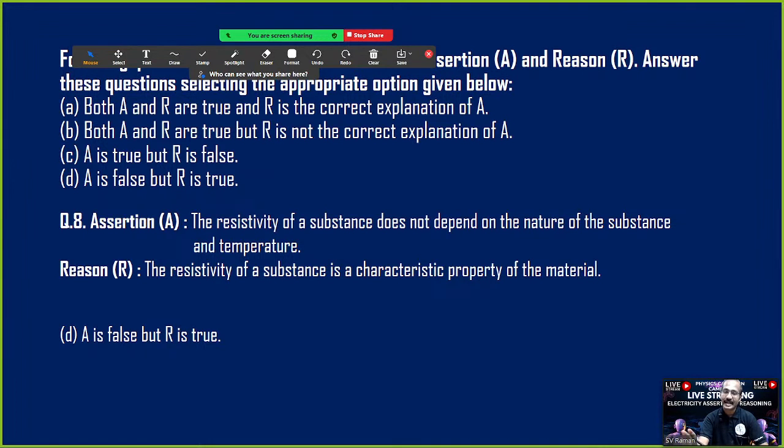Resistance depends on the length of a conductor and on the cross-section area, which we studied. So saying it does not depend is wrong. But the second statement, that resistivity is a characteristic property of a material, is true. Assertion is false, but reason is true.